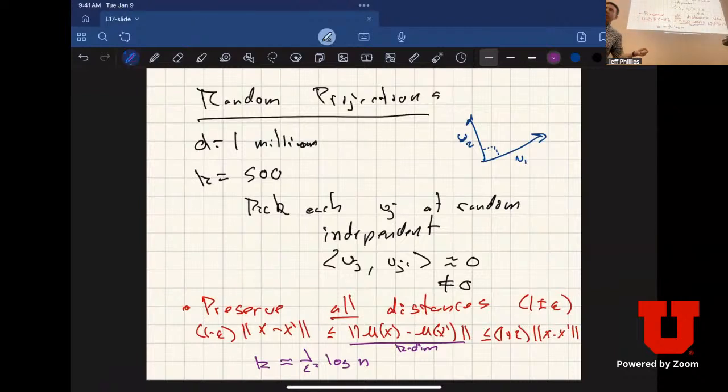need to preserve. One way of thinking about this is that if I have n orthogonal directions and I want to preserve all of them approximately, so they're all approximately orthogonal, I can project them down into a logarithmic number of dimensions.